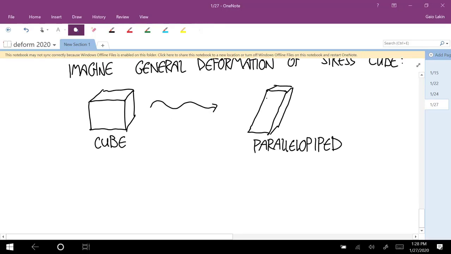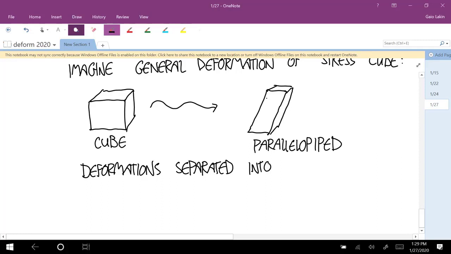But there are two different kinds of deformations that have happened. So the deformations can be separated into two types. The first one is length changes. There are changes in side length.